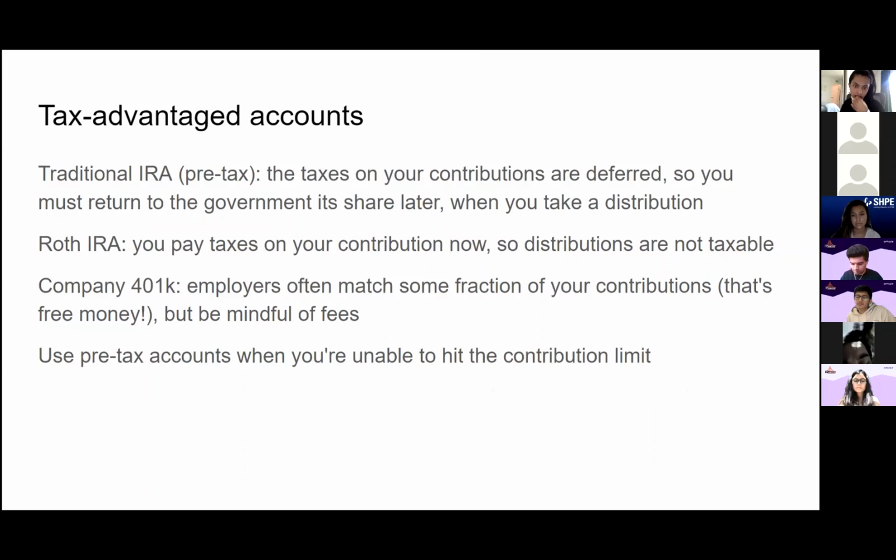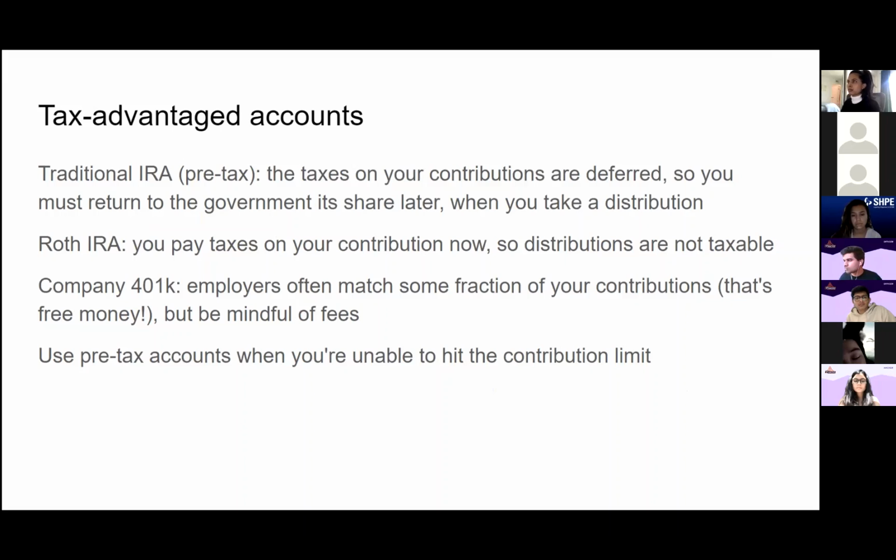So again, briefly, you have a traditional IRA, and those are pre-tax accounts. The way to think about that is the government is a co-owner. So when you take a distribution, you get taxed, but that's a way of returning to the government its share of your account.